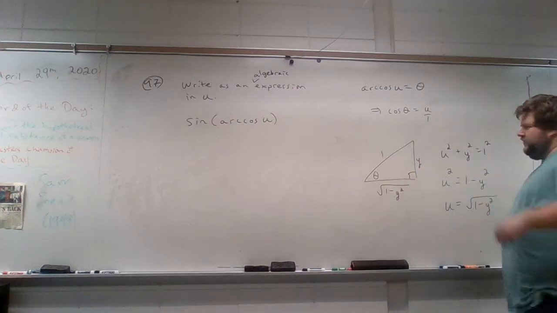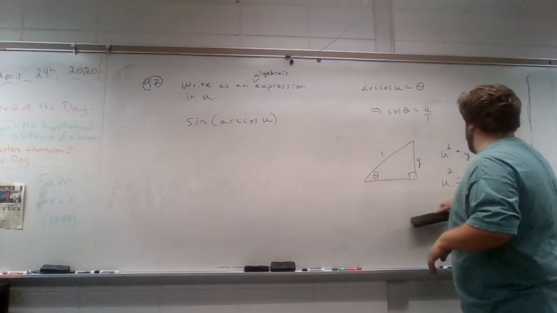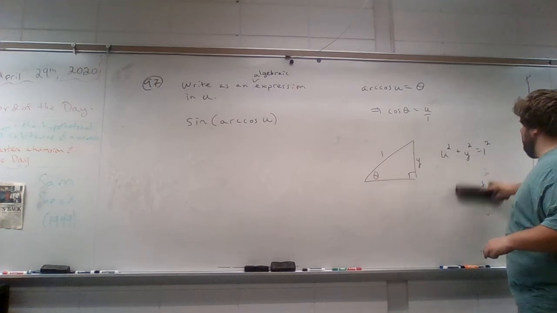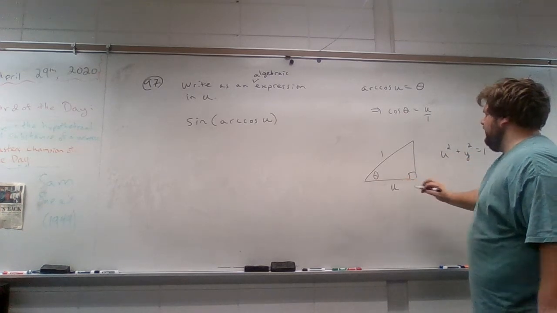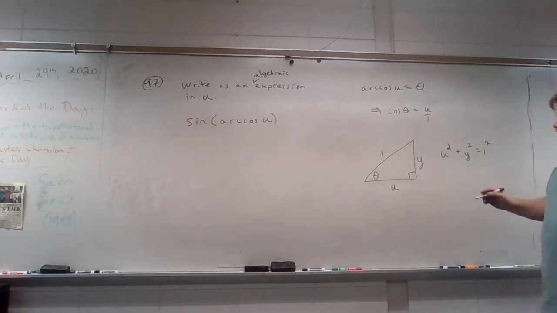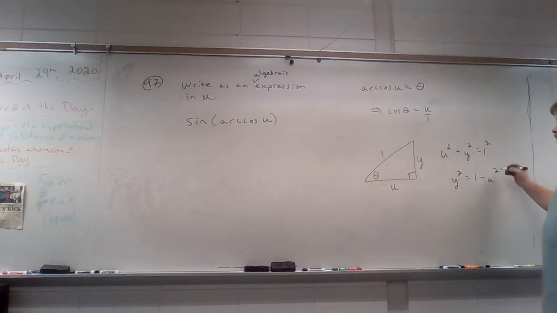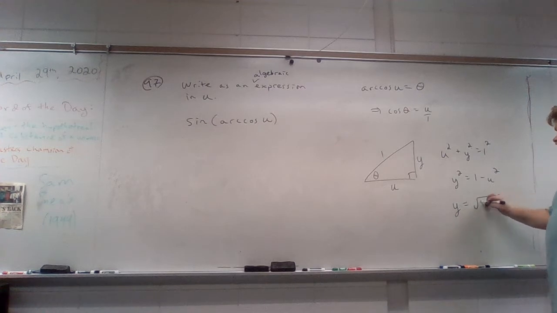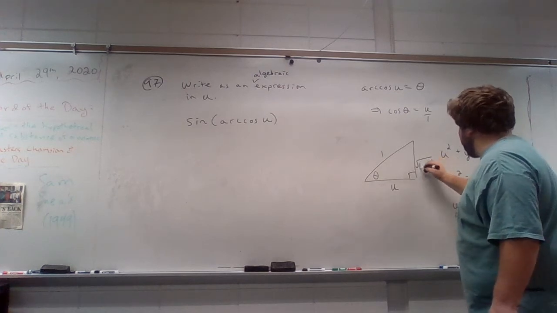Sorry, I meant to go through and solve for y, and not u. So I want to go through and solve for y in terms of u. So I got y squared equals 1 minus u squared, and I take the square root of that. So I get y in terms of u because I want everything in terms of u here. So this is really just square root of 1 minus u squared.